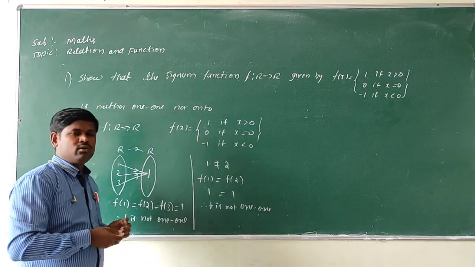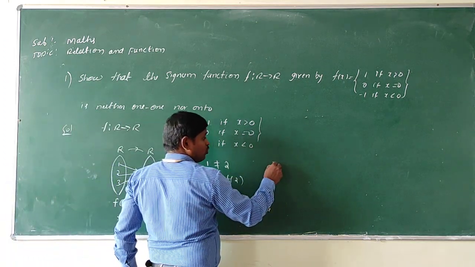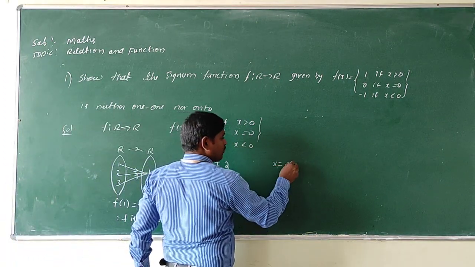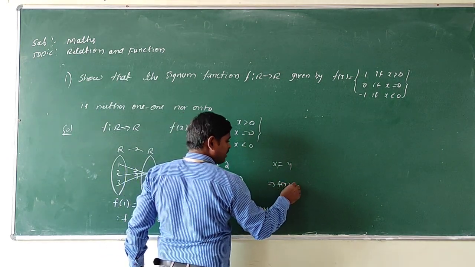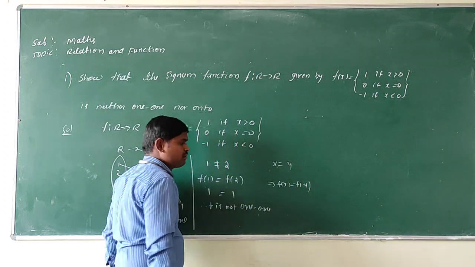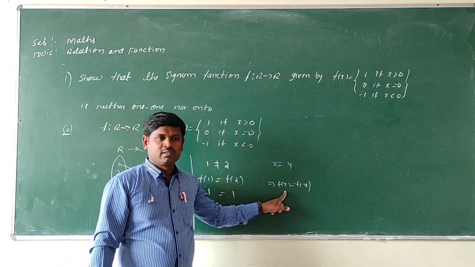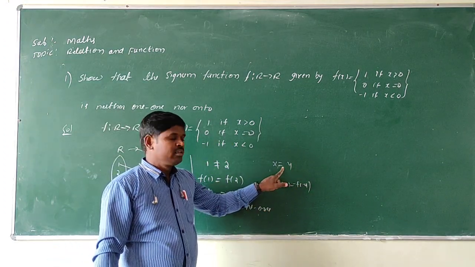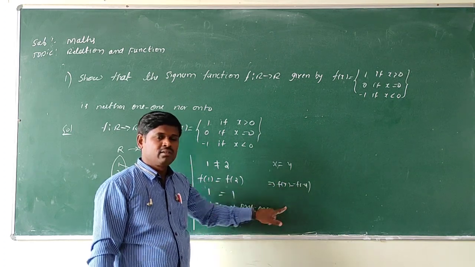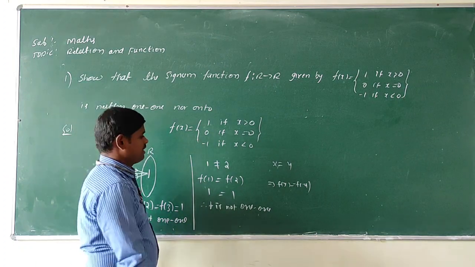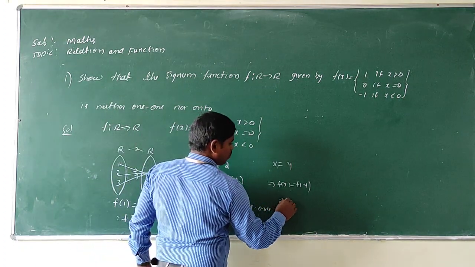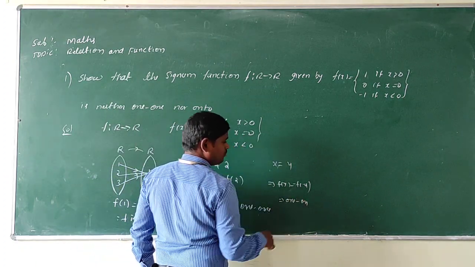How to derive the working rule? Take x and y. If we get f of x is equal to f of y, and finally you get x is equal to y, then it is a 1-1 function.